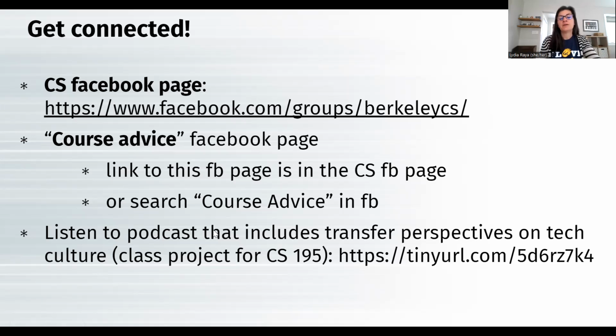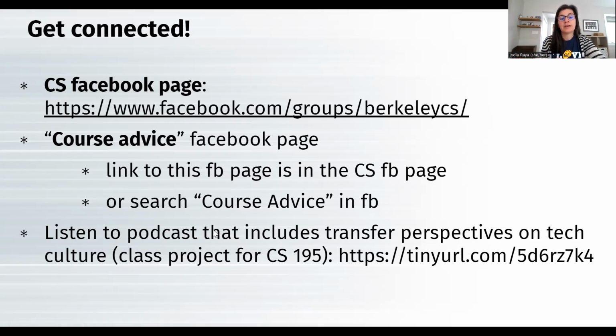Lastly, we had an EECS transfer student take the class CS 195 this spring. As part of the class project, they made a podcast, and I think all the transfers are EECS, but obviously very close to CS. I listened to it.